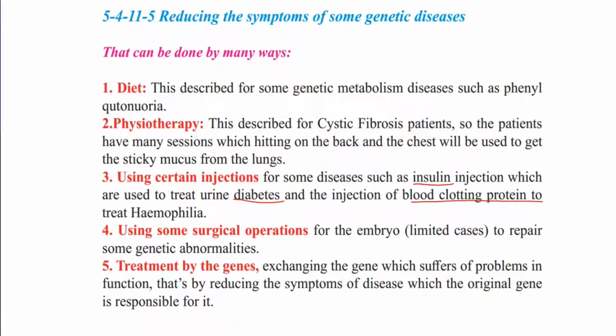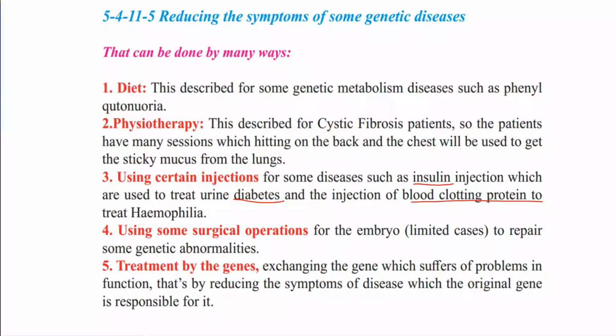Number 4, using some surgical operations on the embryo in limited cases to repair some genetic abnormalities. Sometimes there is a hole between the left and right sides of the heart, so it can be corrected by surgery, which is a symptom or effect of some genetic diseases. And 5, treatment by genes: exchanging the gene which has a problem in function, inherited from mother and father.